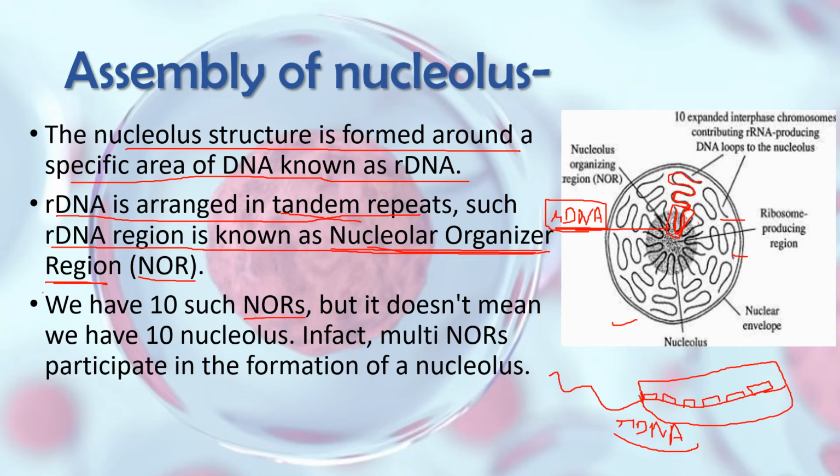But it doesn't mean that you have 10 nucleoli; it is not true that each NOR is responsible for the formation of a nucleolus. Even 10 such junctions of NORs are responsible for the formation of the nucleolus in human beings. In fact, multiple NORs participate in the formation of a nucleolus in a eukaryotic cell.